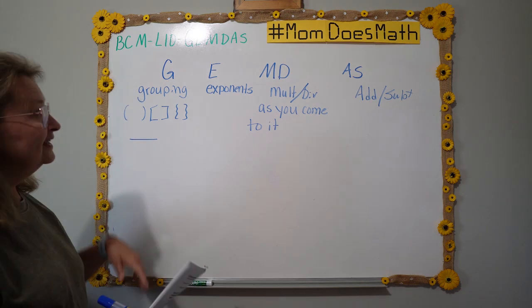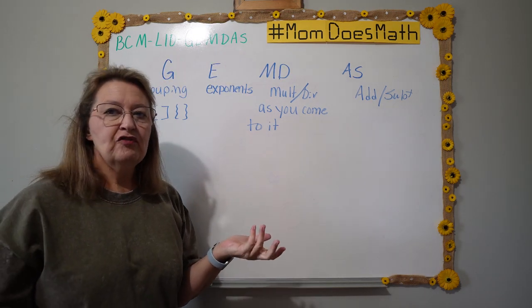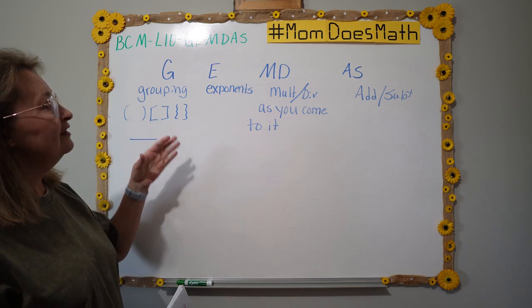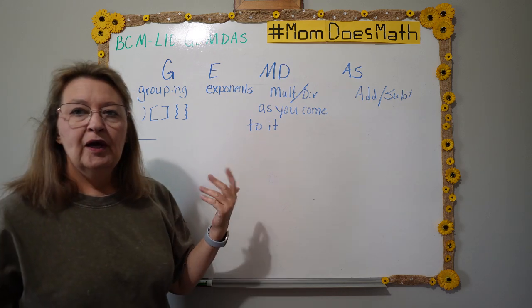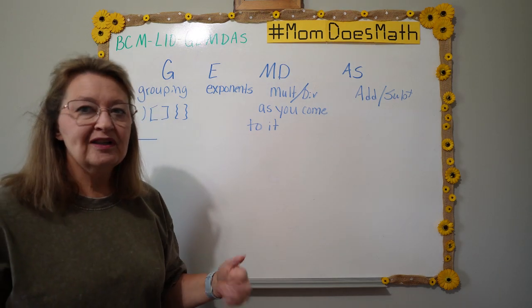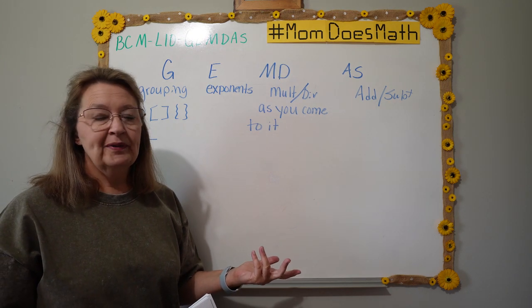Lesson 10 is about GEMDAS, which is the order of operations, and a lot of you have probably heard this called PEMDAS. Lately we have decided in the math community to go with GEM. Why? Because in PEMDAS, the P stood for parentheses, but what it actually meant was grouping symbols. And there are other grouping symbols.